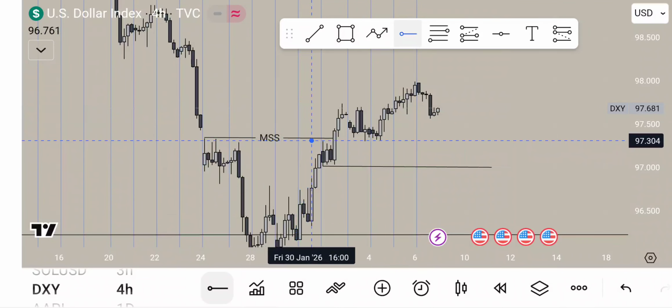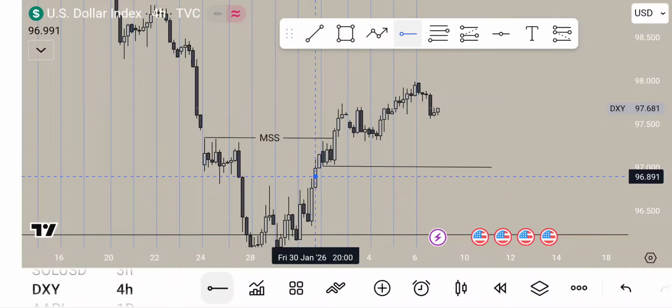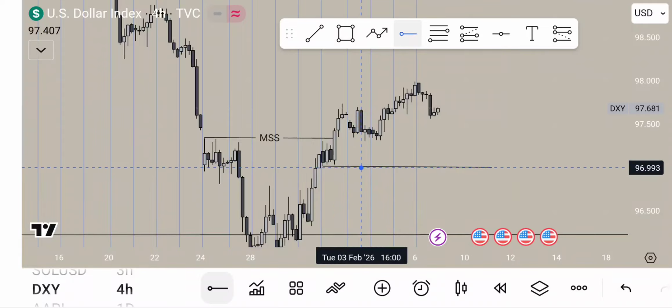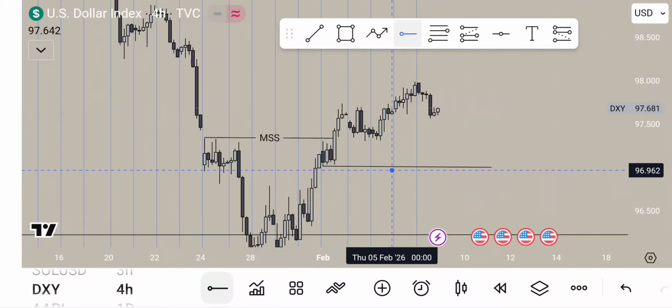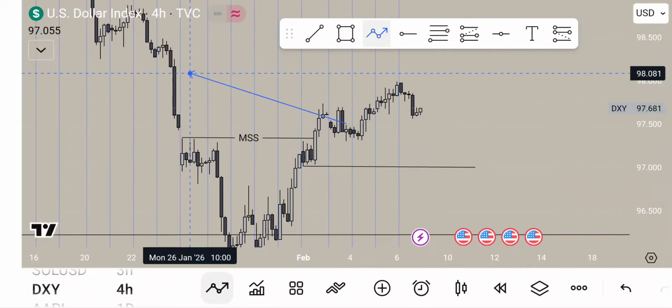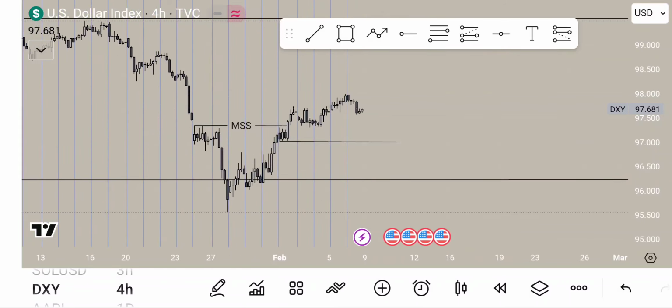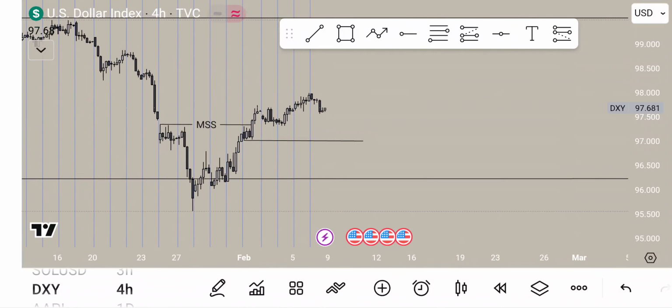I marked it here, and then this is the daily fair value gap here, and in the daily there's a fair value gap here, and even in the 4 hour there's still another fair value gap here, which means that this is a very strong point. There's liquidity here that price might be coming back to mitigate. Yes, internal range liquidity, which is always in the form of fair value gaps.